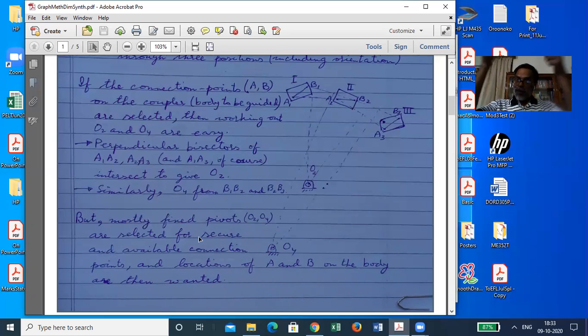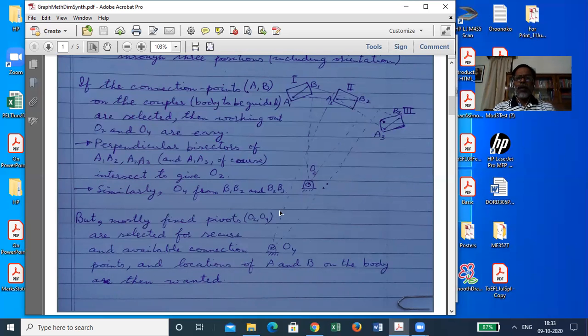And then on the body to be guided, you look for suitable connection points. So O2 is given and you are looking for a suitable connection point A on the body. And similarly, another suitable connection point on the body, that point you call B, to connect to O4 with link 4. Okay, so this is troublesome.